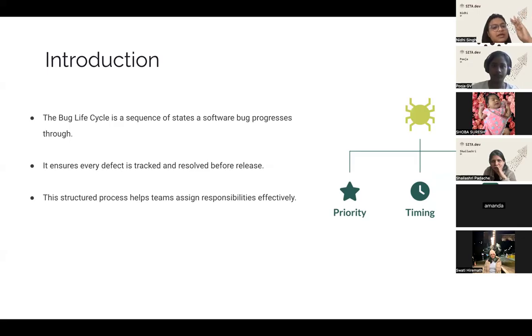It ensures every defect is tracked and resolved before release. Why we are studying the bug life cycle is to make sure no defect is forgotten. Every defect should be tracked and resolved before the release. This is a structured process that helps the team assign responsibility effectively.